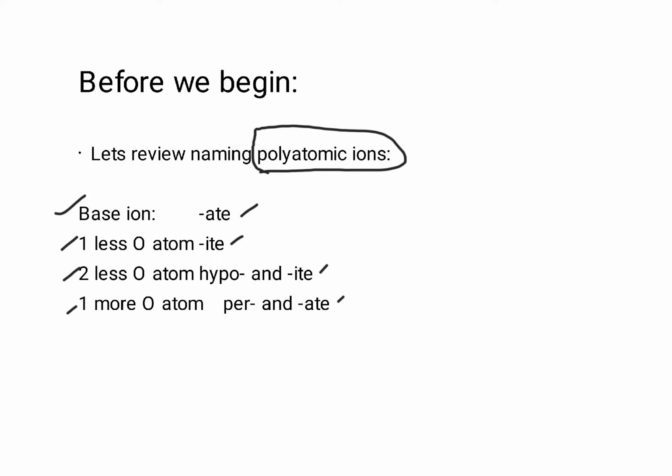So what we're going to do is take a base ion as an example, and apply each of these criteria about how you change the number of oxygen atoms and then how you name it. Okay, so let's practice some of that.